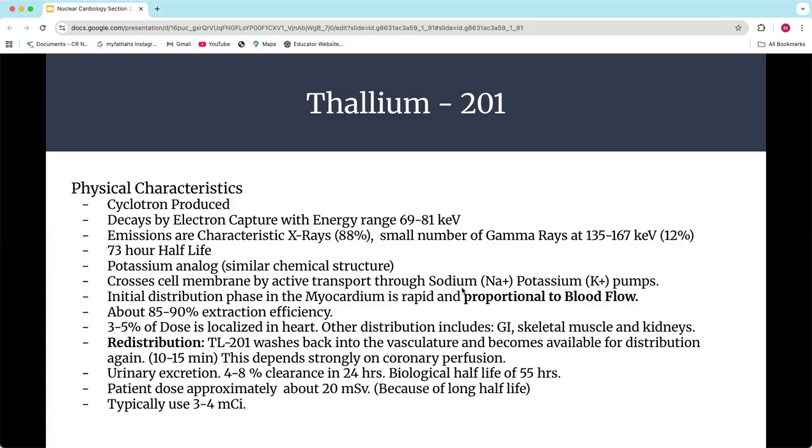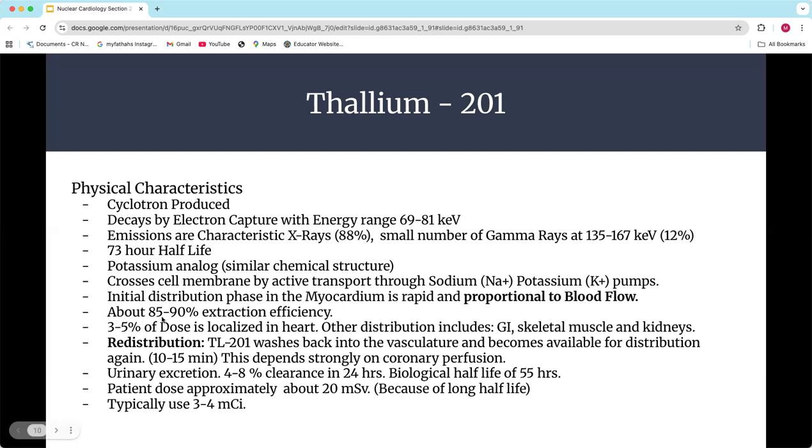We want to see how much blood flow is in an area of the heart muscle. We don't actually see blood when we take our pictures, right? We only see counts, and the counts come from our radiopharmaceutical. So that proportional to blood flow idea is very important, so that we can look at areas of the heart that are missing or reduced and obtain that information by use of counts, right? And so it's proportional to blood flow.